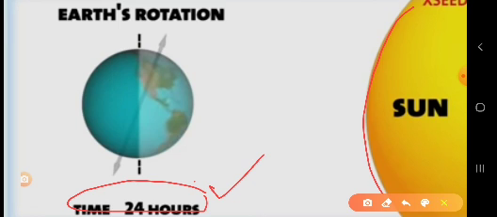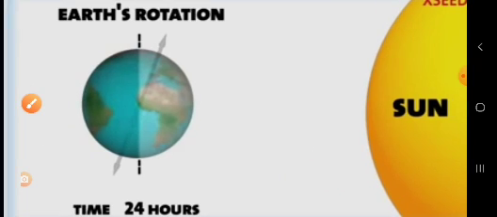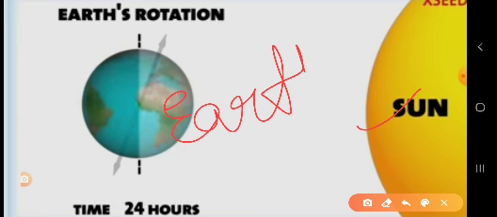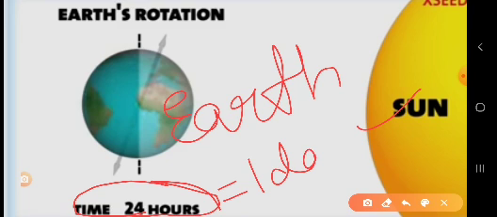So children, here we can see the sun, and this is earth, and it is rotating on its axis. Now one rotation is completed in 24 hours. Matlab it completes one day, equal to 1 day. When it completes one rotation, we complete 1 day.